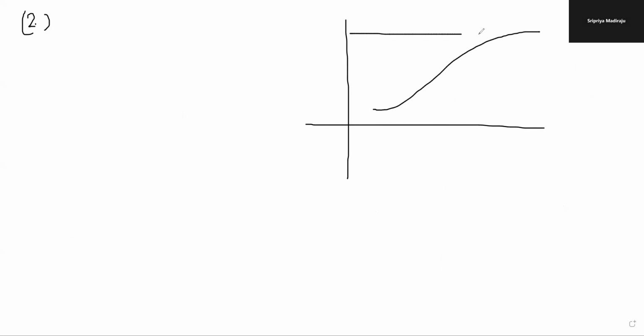Next one is: consider a curve in the first quadrant as shown in the figure. This is A2. This is A1. This is the curve y is equal to y of x.